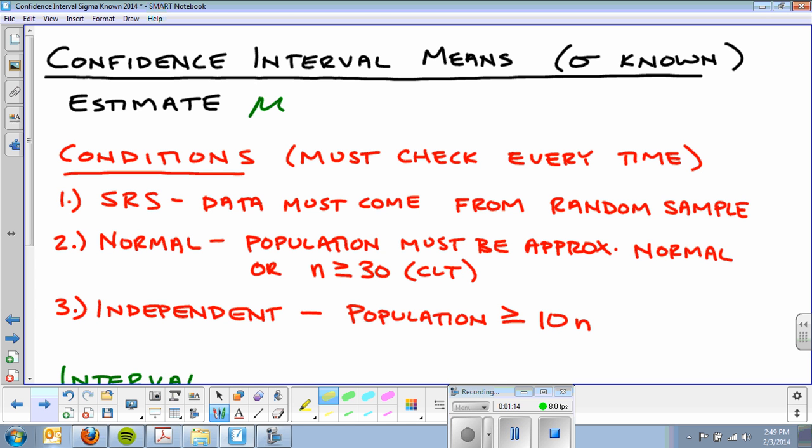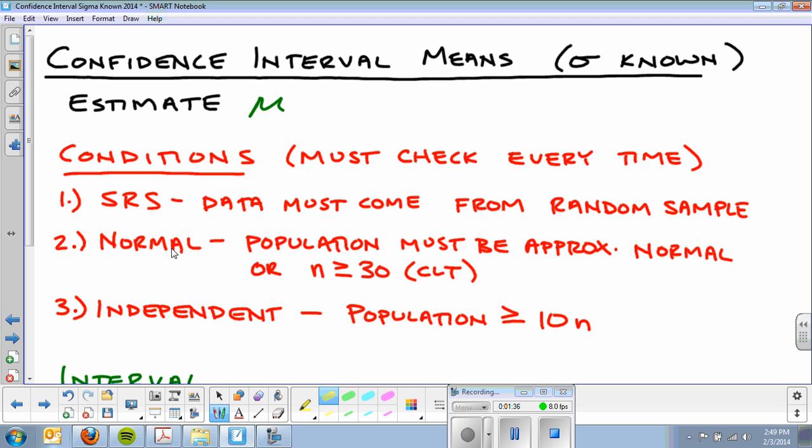Bad news, we got conditions again. You must check them every time. They're the same three conditions, SRS, normal, and independent. However, there's a slight difference for the middle one, normal. Okay, so SRS, the data must come from a random sample.